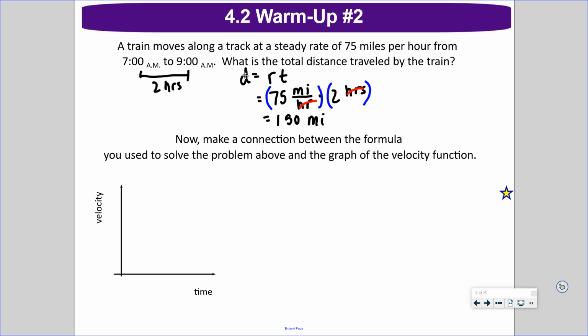Yep. It's a constant speed, right? Constant speed of 75 miles per hour. So let's say my time here is 7 a.m. and here's 9 a.m.